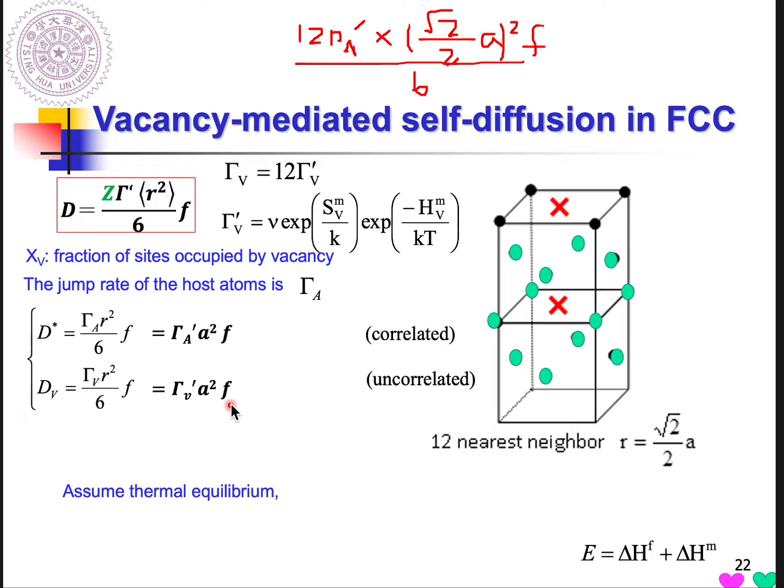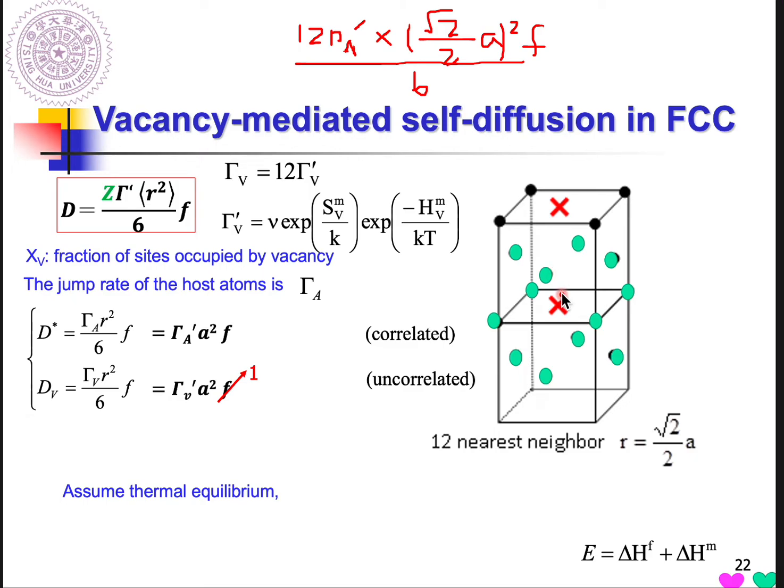So we deal with this one. As we mentioned, a vacancy can jump or exchange location with any nearest atom at a substitutional site. So F equals 1 is considered a random walk, with non-correlated jumps. However, the atoms are not like that. Atoms can only jump when there is a vacancy nearby.